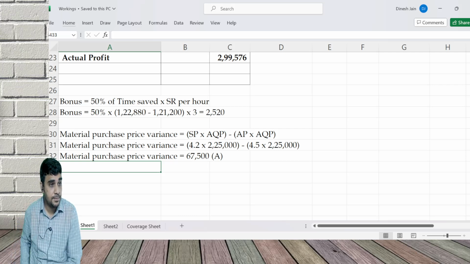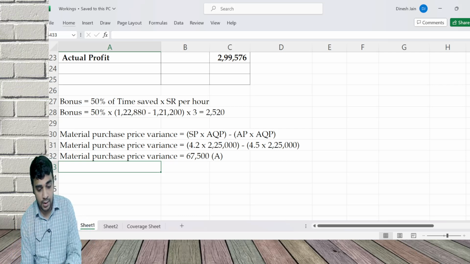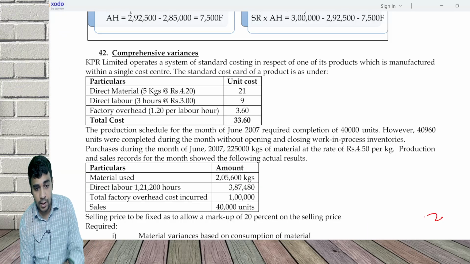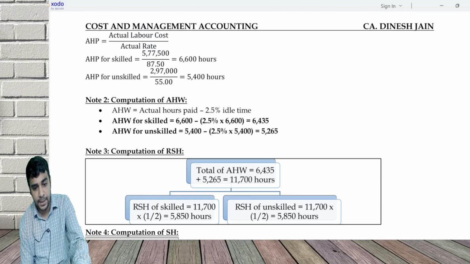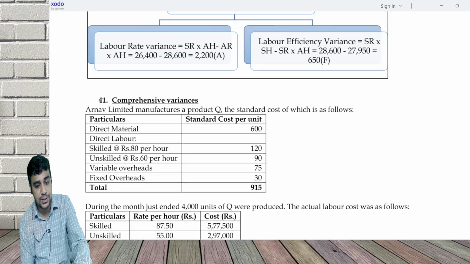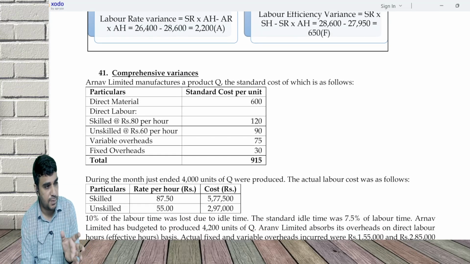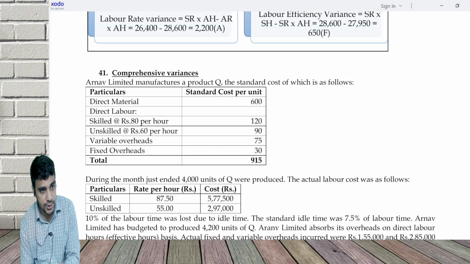Can you proceed? Any doubts on this? We're done with this question. One more question is pending, but I'll keep that question as a discussion question rather than full solving, because I don't want to spend another 40 minutes on this. Today I thought we'll complete standard costing and start with budgetary control, but I'll discuss this question, close it, and I want to complete the theory part also. We still have theory questions to be discussed.